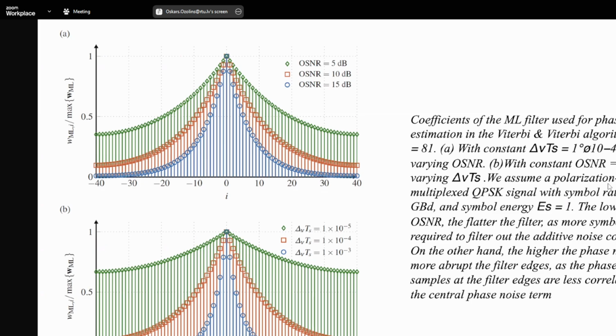If you have a lot of fast changes in the phase noise, then you need to use a shorter block, and that will give you a more accurate phase noise estimation. But if at the same time you have more amplitude noise, then you need to choose which noise source is more dominant, and basically you optimize by looking at the bit error rate to decide which value to use.